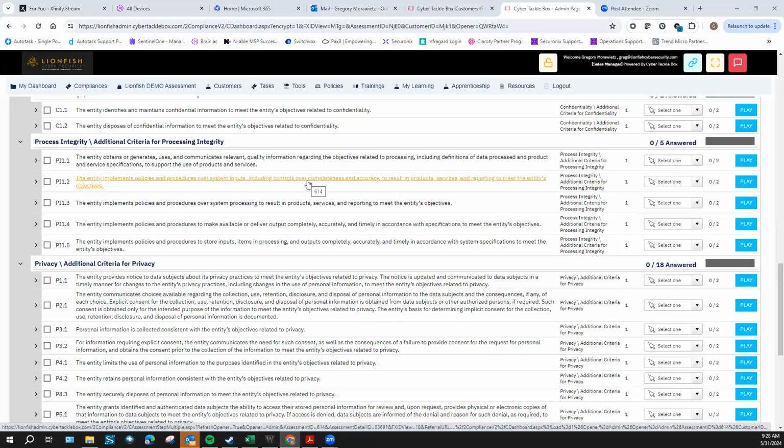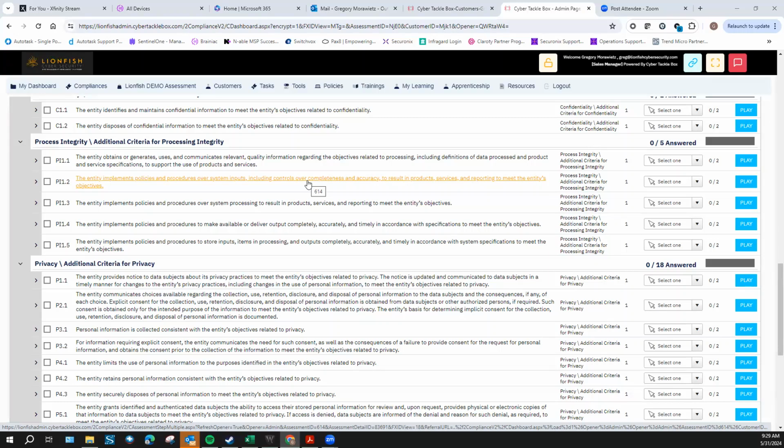The entity implements policies and procedures over system processing to result in products, services, and reporting to meet the entity's objectives. Again, your system processing is your computer environment. So you're going to ensure that your computers are all capable of performing all the different activities that are needed to make sure that your products and services can be presented and given to your customers.